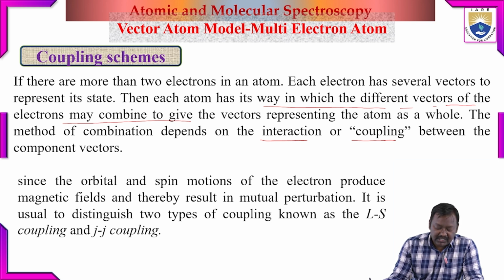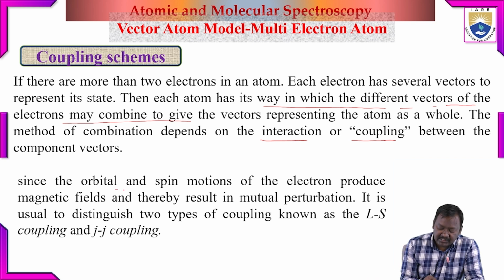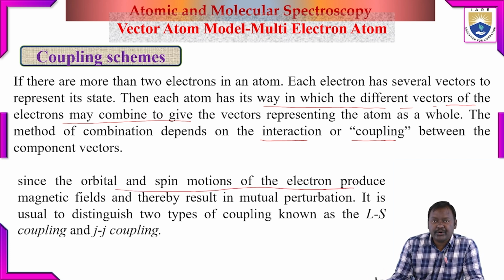Since the orbital and spin motions of the electron produce magnetic fields, in general, when the electron is revolving around the nucleus in a certain orbit, it also produces a magnetic field, because as the electron is revolving, it seems like a loop.